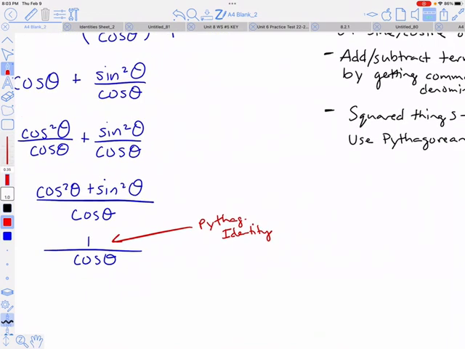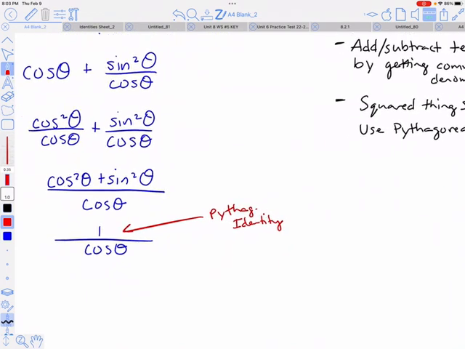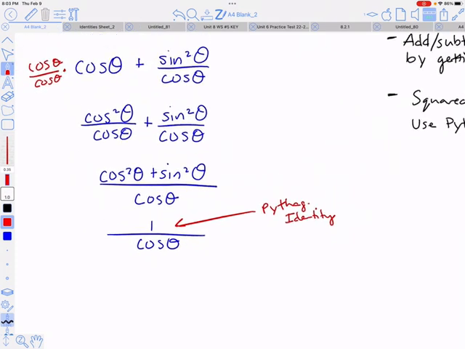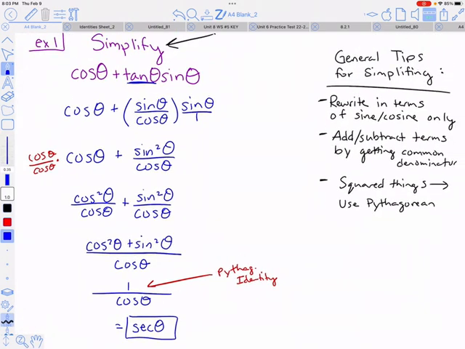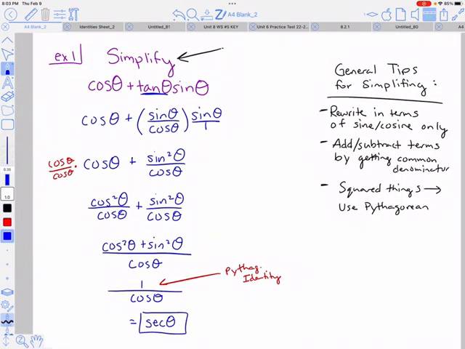This is relatively simplified, but we would always choose to express this in non-fraction form. So I'm ending up with 1 over cosine, which is the same as secant. That is my reciprocal identity. So this whole expression is all just equal to secant of theta. And we can see that based on some identities that we can apply.